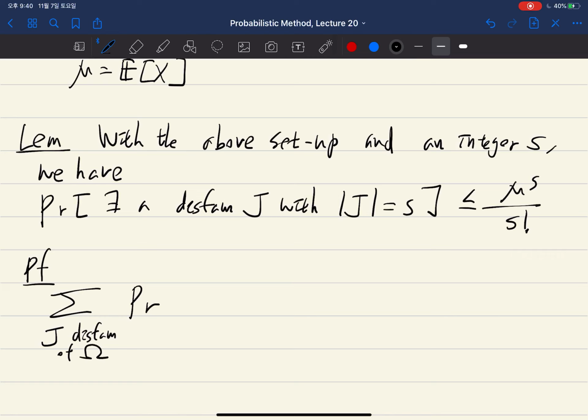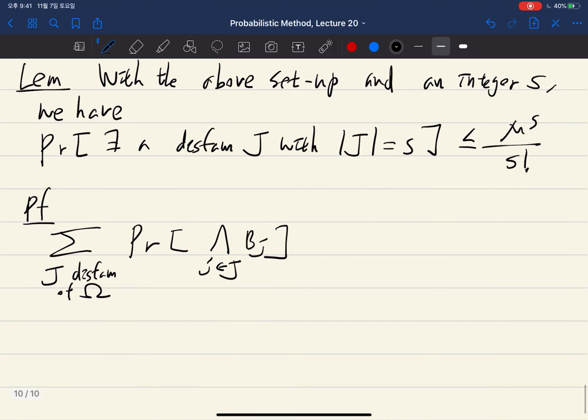So when R is omega, J is a disjoint family, then we consider all such ones. And the probability that it actually becomes a disjoint family with a random set R is that if all of the events hold, then it becomes a disjoint family.